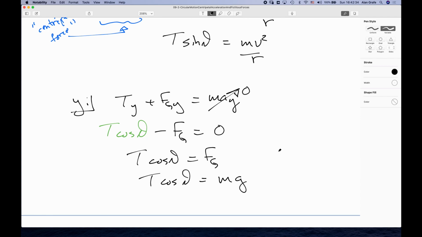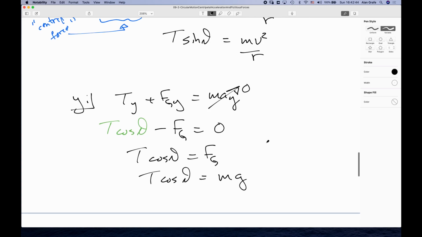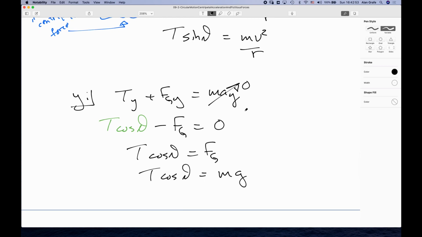And again, you could certainly solve one of them for T and stick it into the other. And you'll get the answer. But again, I'm going to just show an algebra trick that makes this go maybe a little bit faster. The trick here is because you've got T times some stuff here, T times some stuff here.